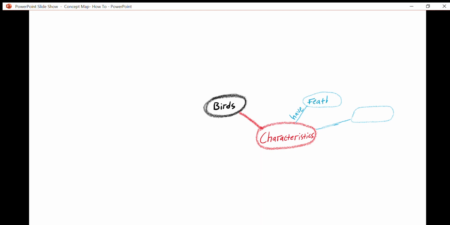Okay, so I know that they have feathers, so that's a characteristic of birds. I know that they have a 4-chambered heart. Okay, and so I can put words on my lines as I branch out to these different concepts to make them a little bit more meaningful.